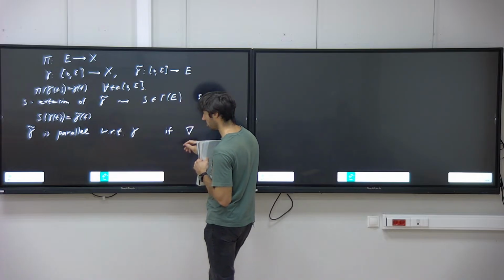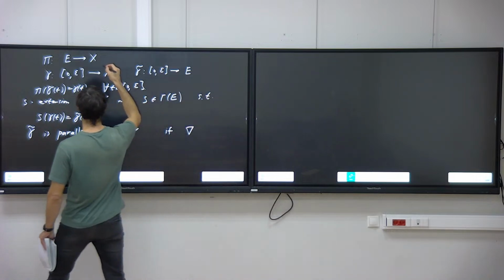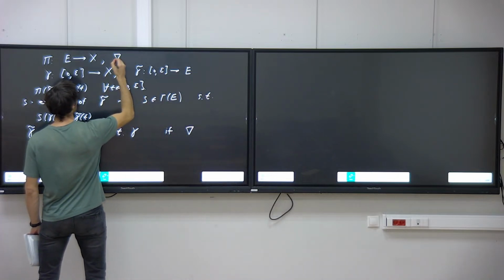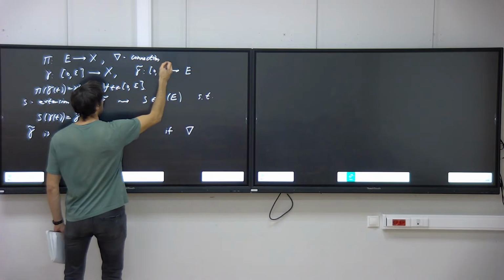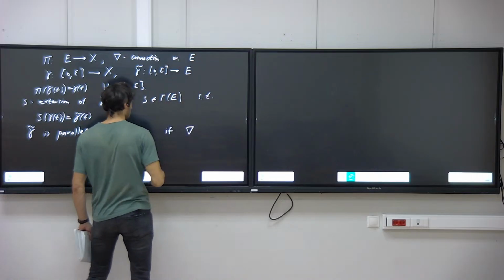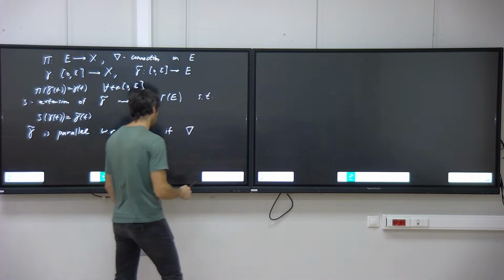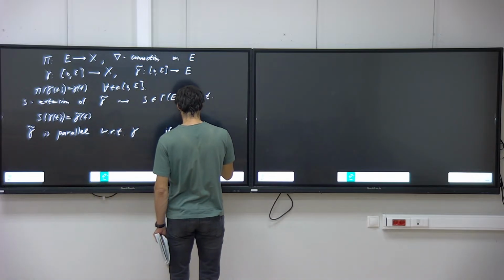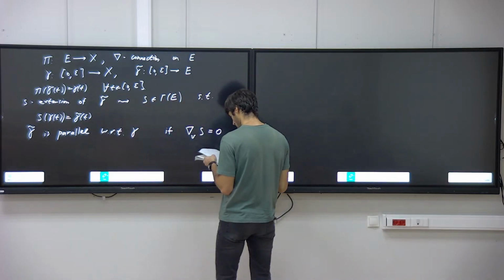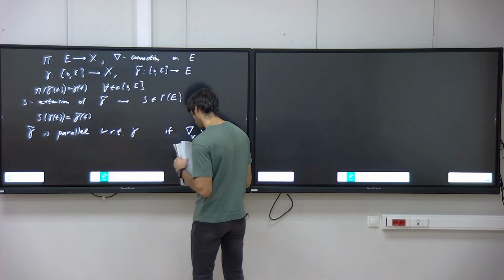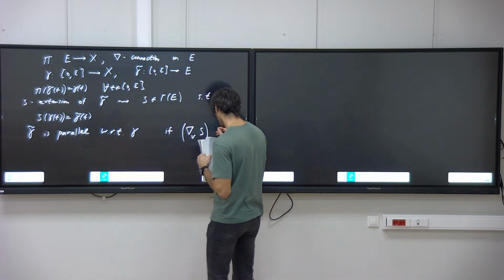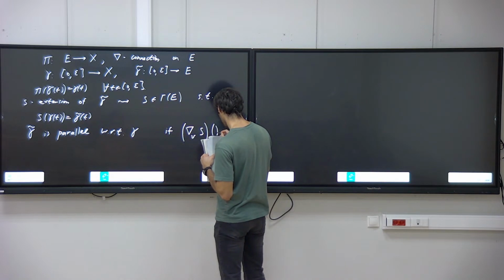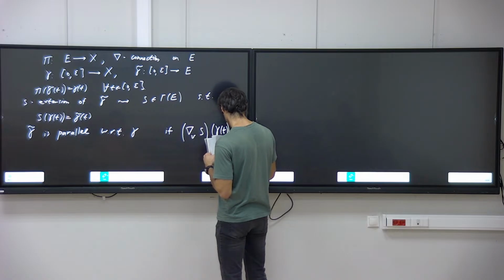Well, of course we need to fix nabla, which is a connection on E. So this is our connection. If nabla V S equals 0, and this gives me a section, right? And this section I consider at points gamma of t equals 0.